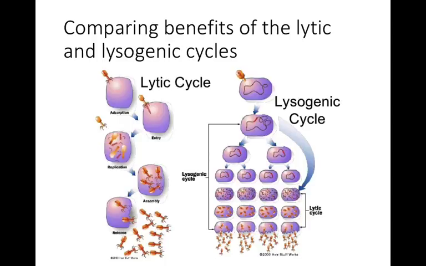The goal of evolution is to ensure that genetic information is passed along from one generation to the next. And in the case of the lytic life cycle, the virus gets into the host, replicates rapidly, and then eventually produces a large number of progeny viral particles that are capable of infecting more cells.